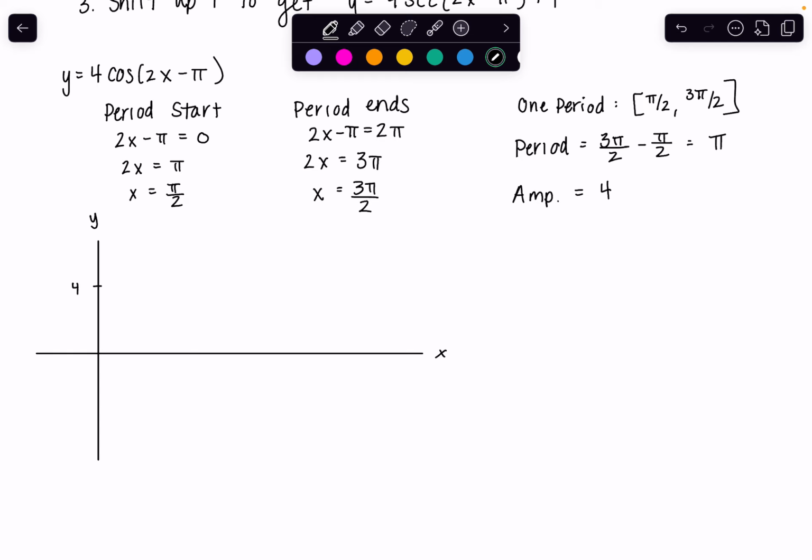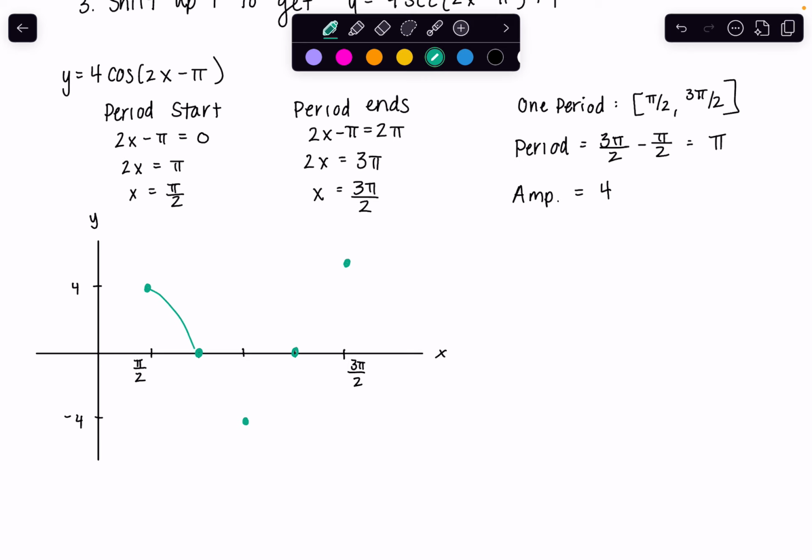Now our graph, though, is trapped between 4 and negative 4. Our first key number is going to be at pi over 2. It's going to end at 3 pi over 2. And then I know there are 3 other key points I need to find within here. I'll wait to label those, but our cosine function starts at positive, 0, negative, 0, positive.